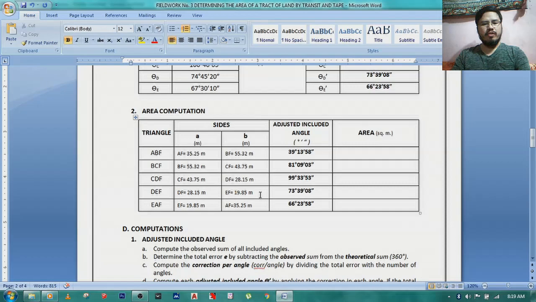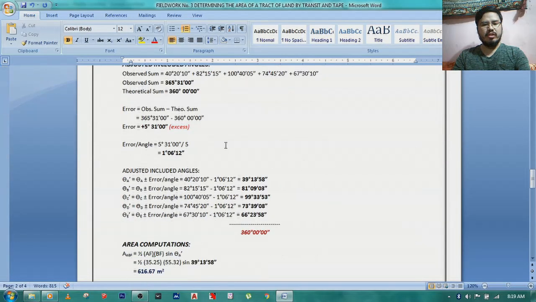tabulation of area computation. That means for triangle ABF, the area for that particular triangle is 1/2 A multiplied by B multiplied by sine theta prime, which is the adjusted included angle. So the computation now is here.